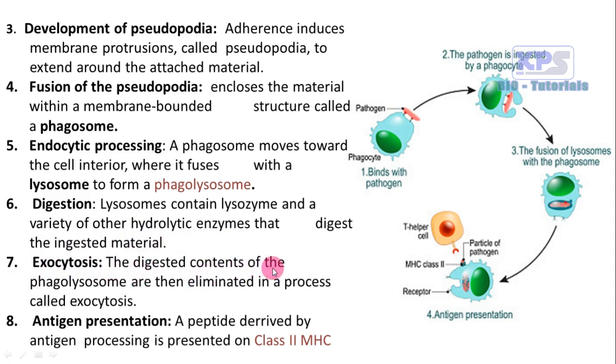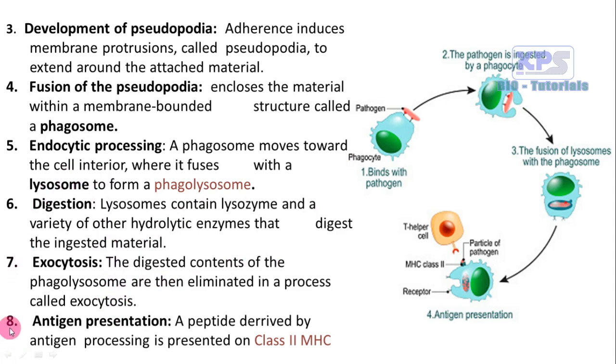The digested contents of the phagolysosome are then eliminated in a process called exocytosis. After digestion or destruction of the antigen, the debris will be eliminated from the macrophage by exocytosis, which is actually a reversal of endocytosis.